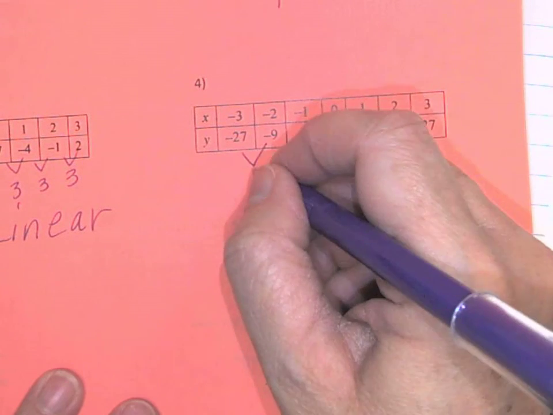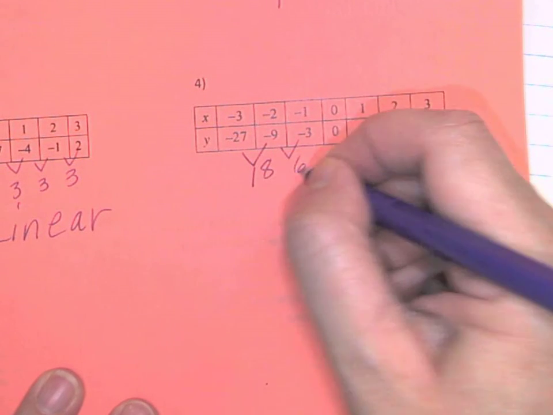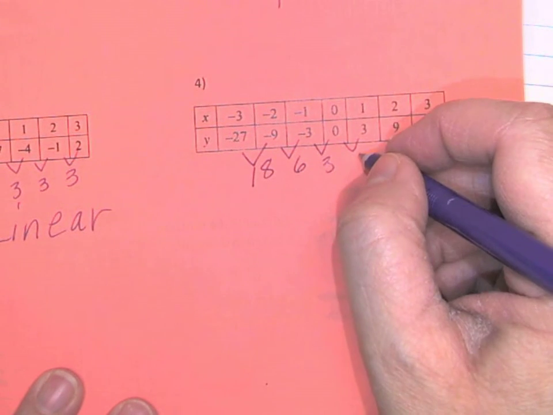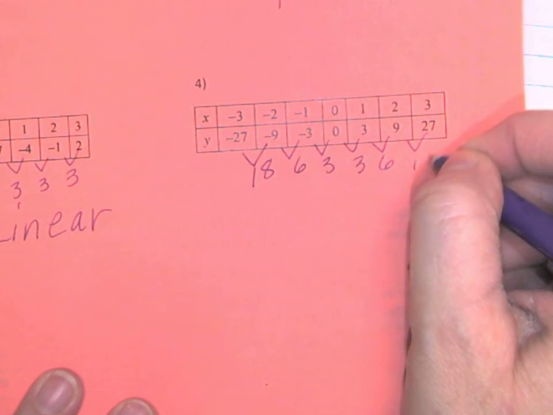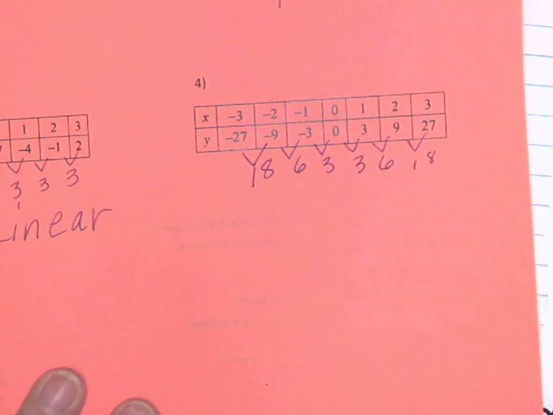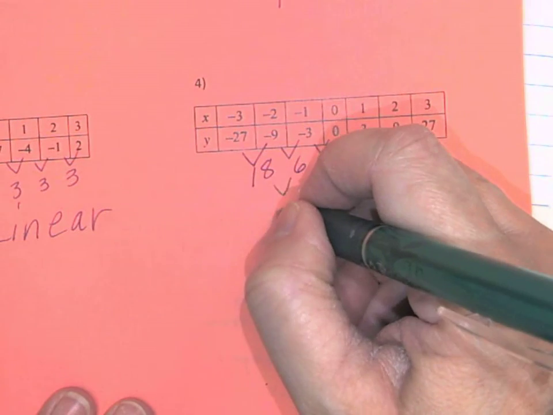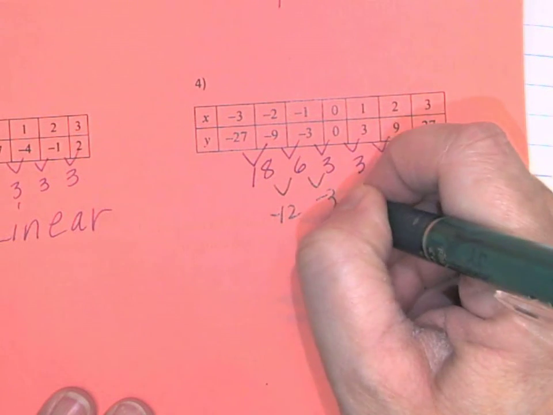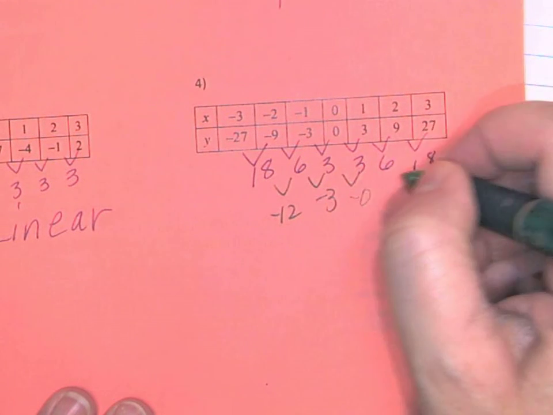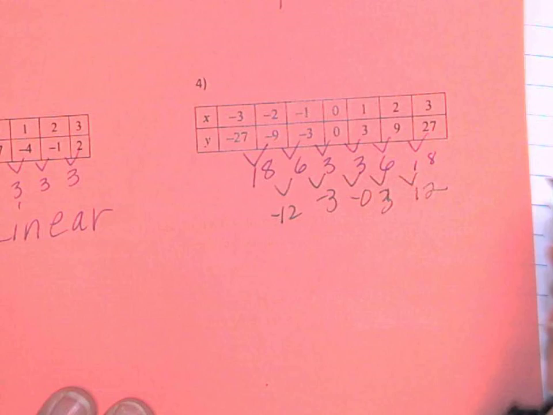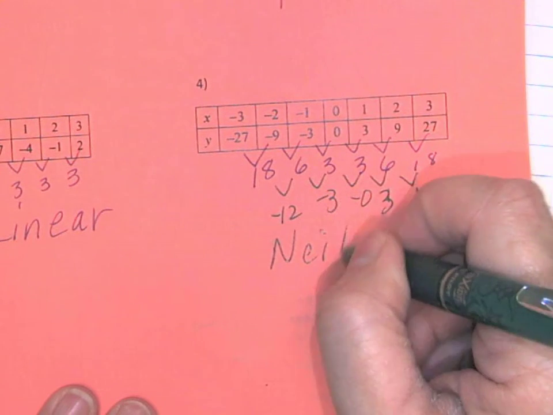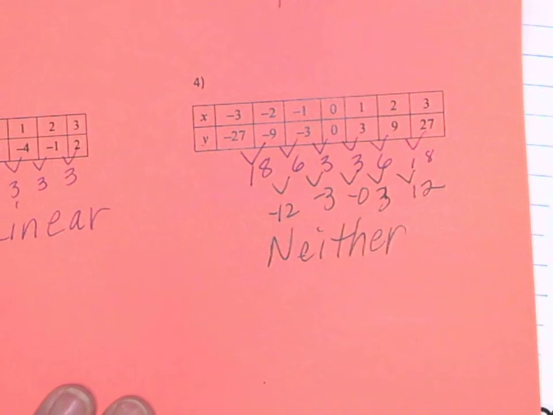Okay, this one would be add 18, add 6, add 3, add 3, add 6, add 18. Looks like there's a pattern here, but let's check this. Minus 12, minus 3, minus nothing, plus 3, plus 12. Not at all the same. This one's neither. It is neither linear nor quadratic.